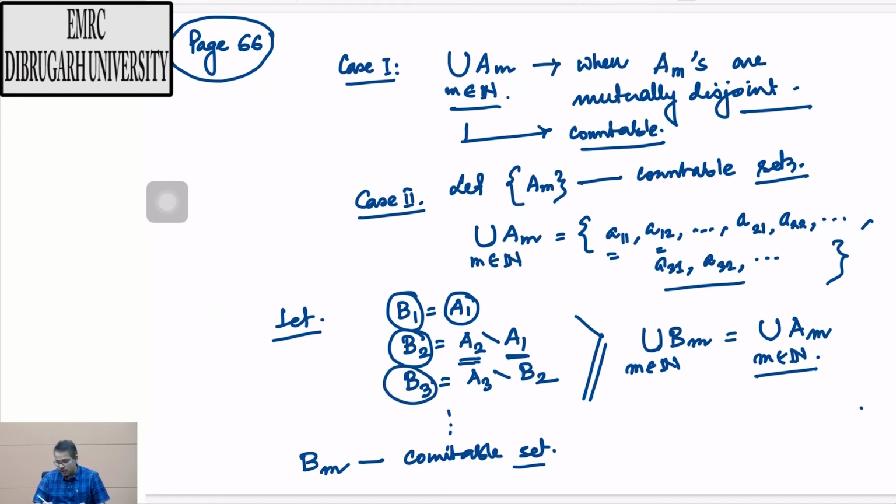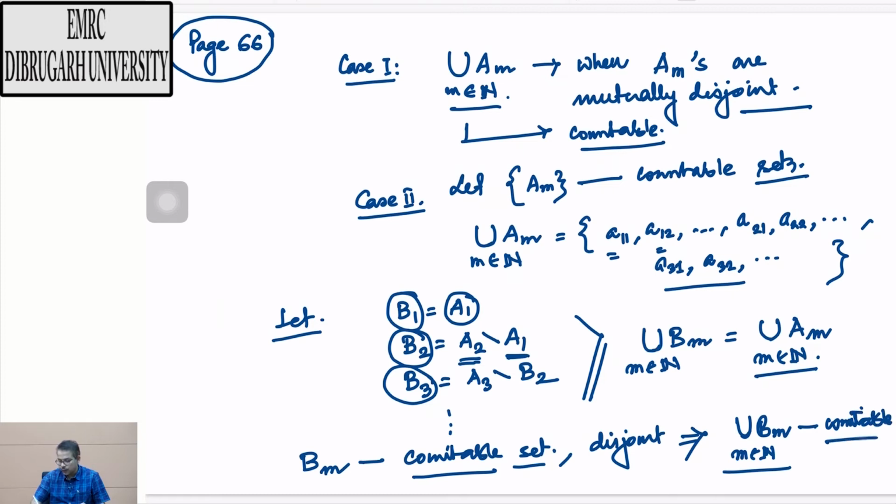So each B_m is countable, and they are all mutually disjoint, so by case 1 the union of B_m is also countable, and therefore the union of A_m is also countable.